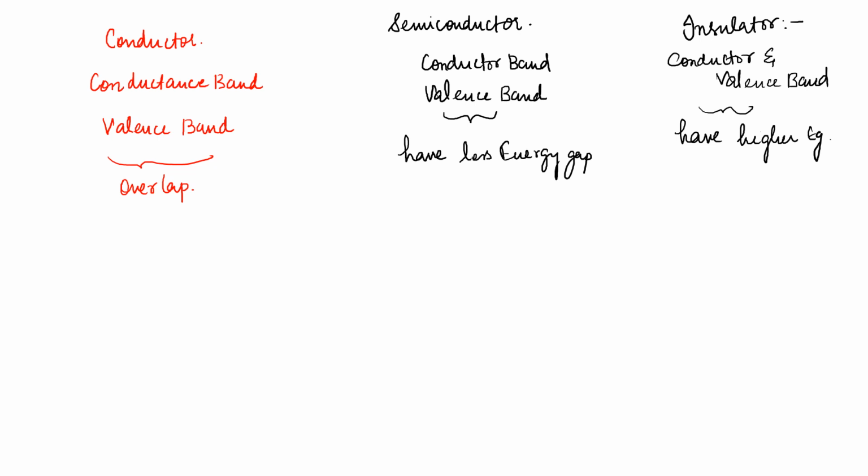Now, in the case of conductors, electrons show to and fro motion frequently. In this case, it is less predominant, and in this case we will see that there is almost nil or no motion.